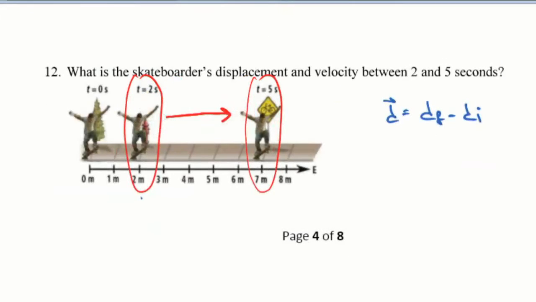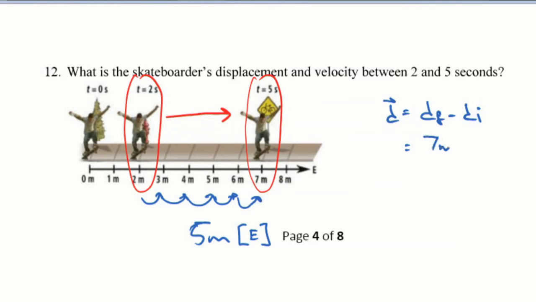So if I started here, I've got 1 meter, 2 meters, 3 meters, 4 meters, 5 meters. And what direction? That was 5 meters to the east. That's all you really need. Or you could talk about something like this.